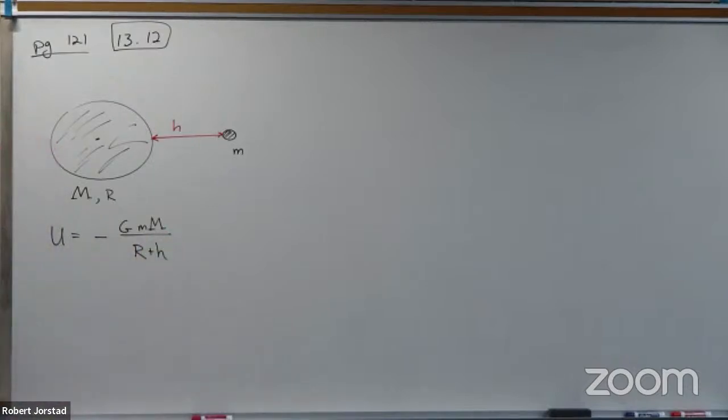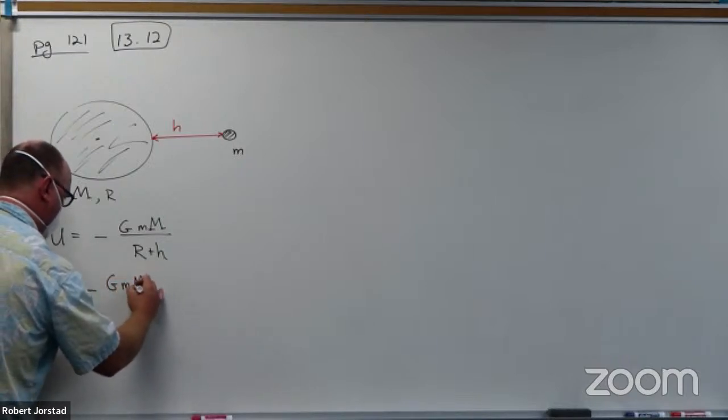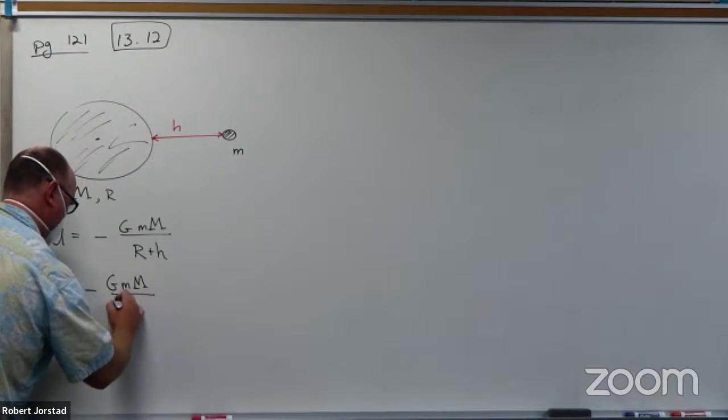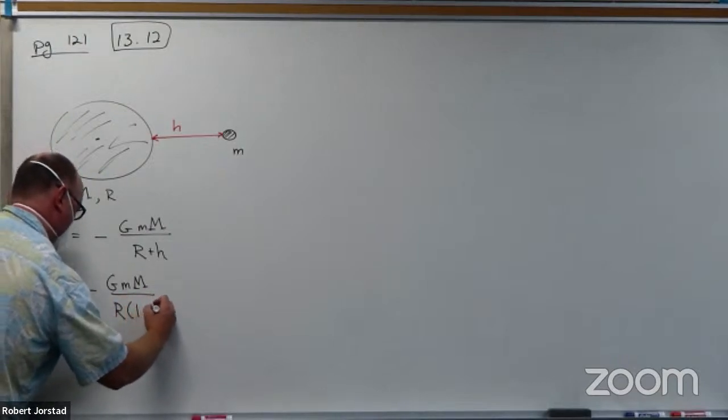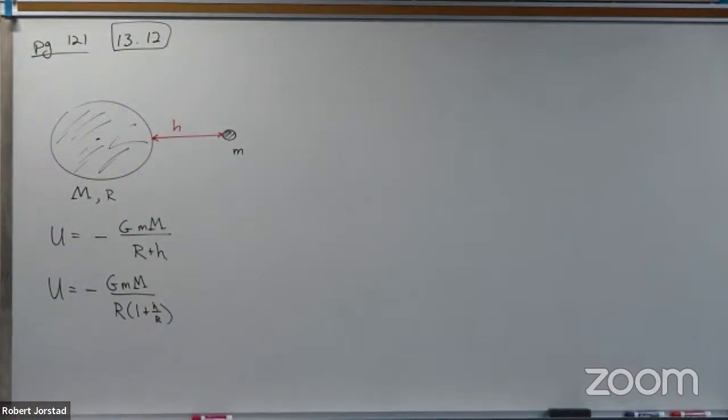For no good reason, I'm going to factor out an R. To do that, I have to rewrite this in a weird way. Take a second. Do you agree that that's mathematically legal? Okay.